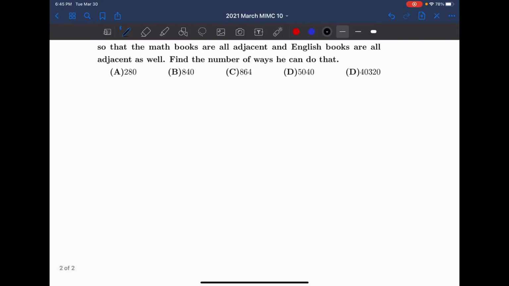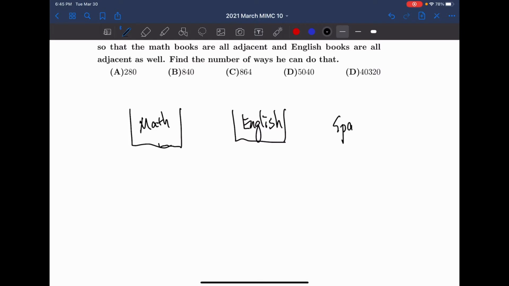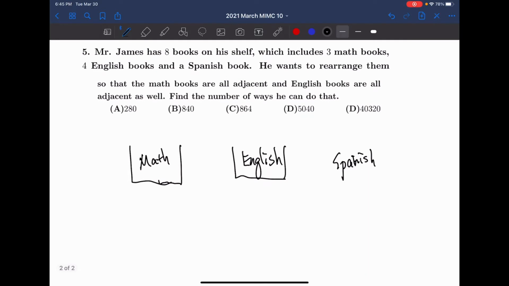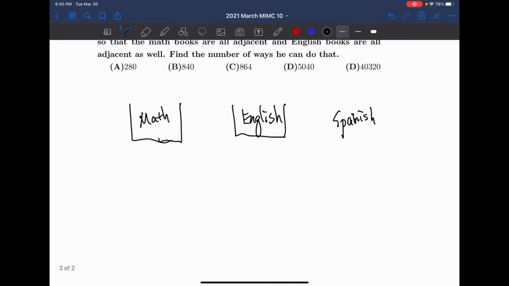So we can think of this as, let's say there is a math box that contains all the math books, and an English box that contains all the English books, and also the Spanish book. Within the math box, there will be 3 math books, and they can arrange them however they want.